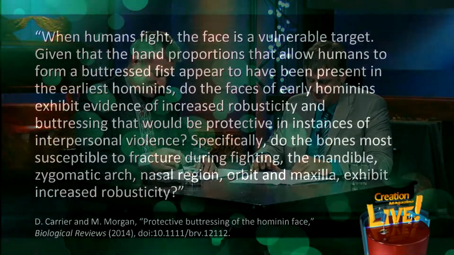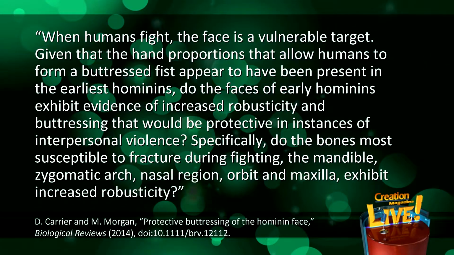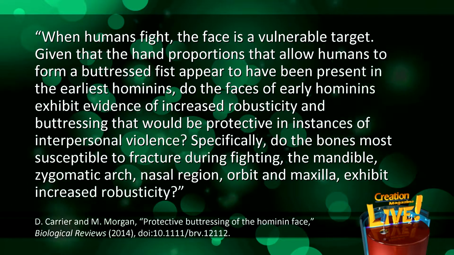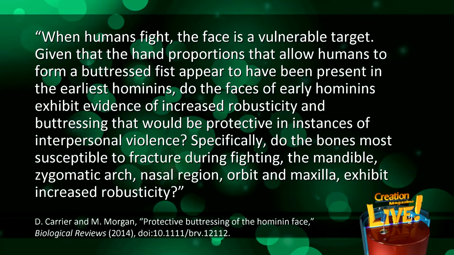So here's where we're going. When humans fight, the face is a vulnerable target. Given that the hand proportions that allow humans to form a buttressed fist appear to have been present in the earliest hominins, do the faces of early hominids exhibit evidence of increased robusticity and buttressing that would be protective in instances of interpersonal violence?